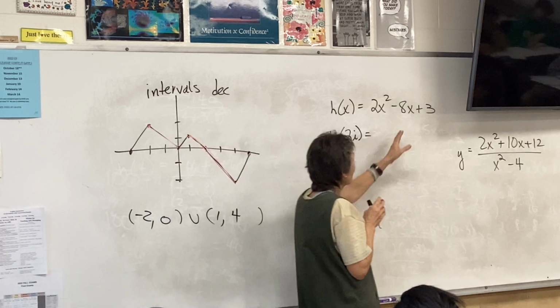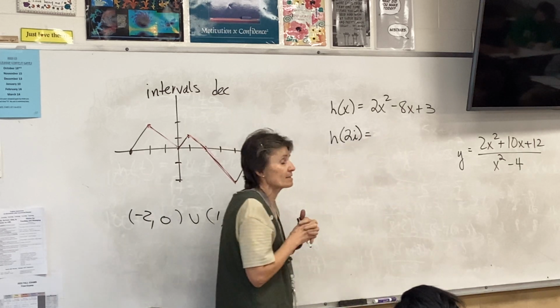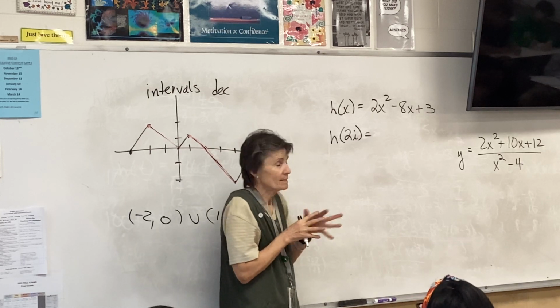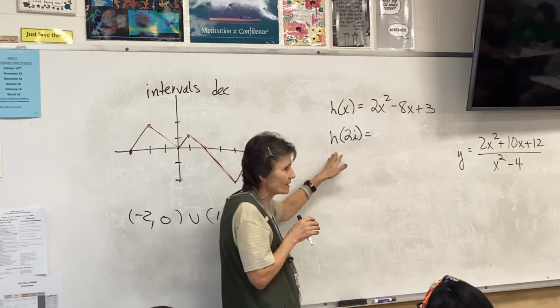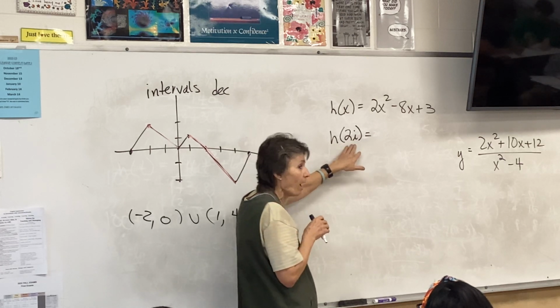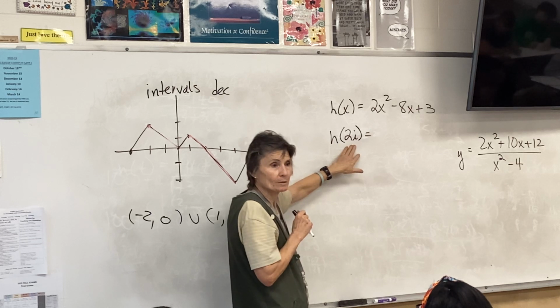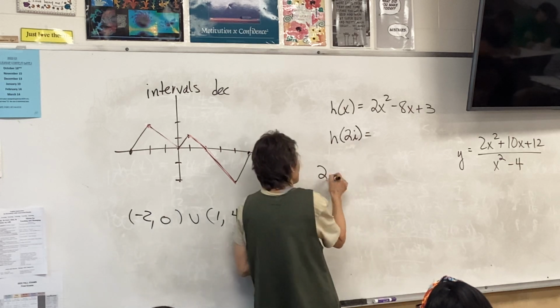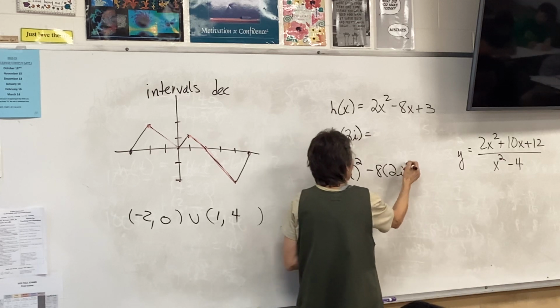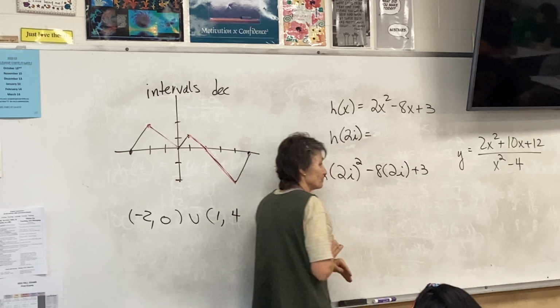All right, I think we did one of these the other day. Maybe we didn't, but we didn't do it with an imaginary number. Now, that doesn't really change anything. If you're going to find h of 2i, what are we going to do? Plug in 2i. So we're going to have 2i squared minus 2i plus 3.